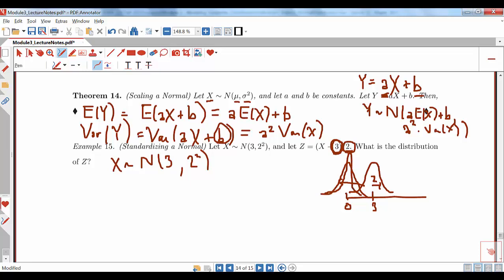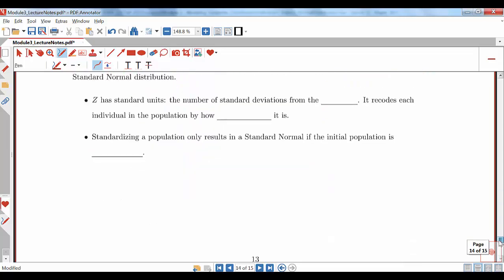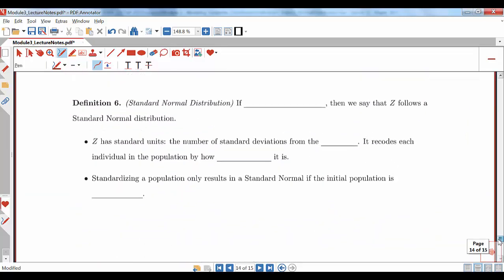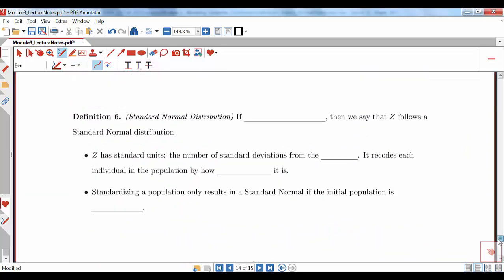So my random variable z turns out to be normal with a mean of 0 and a standard deviation of 1. We're using the definition we used in the last section of standardizing: subtract off the mean, divide by the standard deviation, and you should get back to a normal 0, 1. Let me see if there's anything else in this section. I'm going to finish saying this and then we'll do our last one.